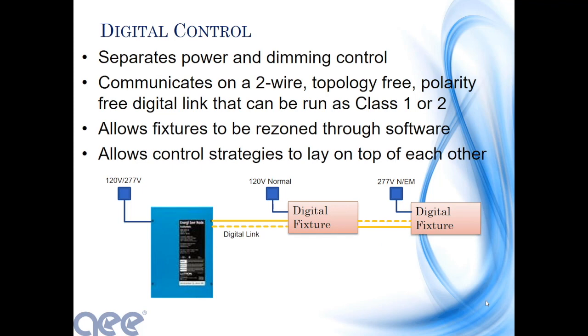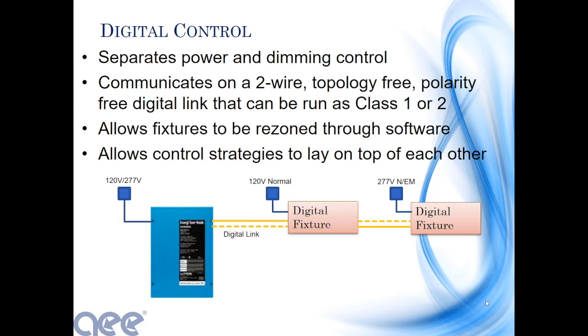Then if you look at digital control, you're not supplying power through that device. The controller is just a digital link providing communication that tells the driver in the fixture what level to go to. Power is supplied separately, and that would come through a traditional lighting panel.